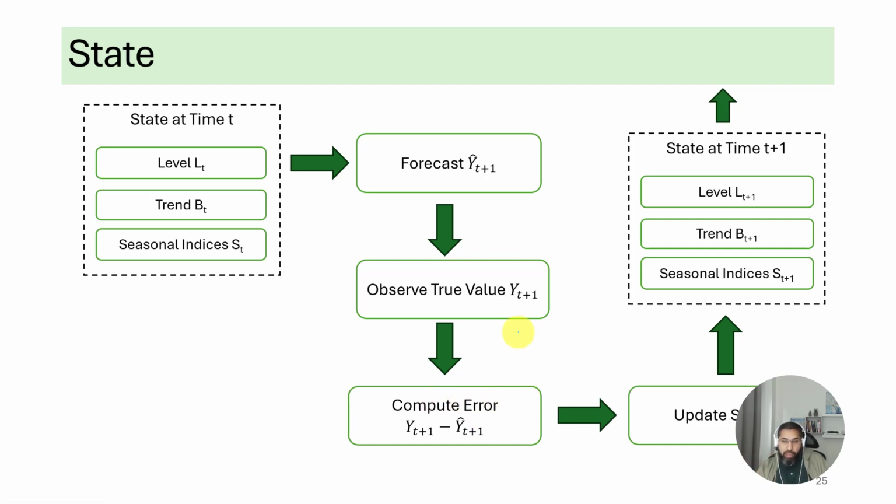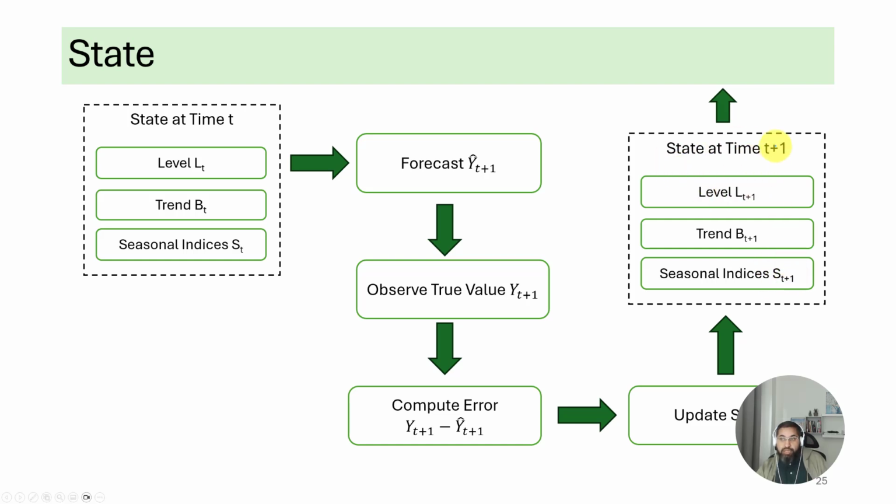So based on the error, we want to update our state. We want to say, our estimate of level and trend and seasonality was wrong, which is why our forecast was wrong, so let's update our estimate. We update the state using certain equations based on the error, and we get a new level estimate, L of t plus 1, a new trend estimate, B of t plus 1, and new seasonal indices estimate, S of t plus 1.